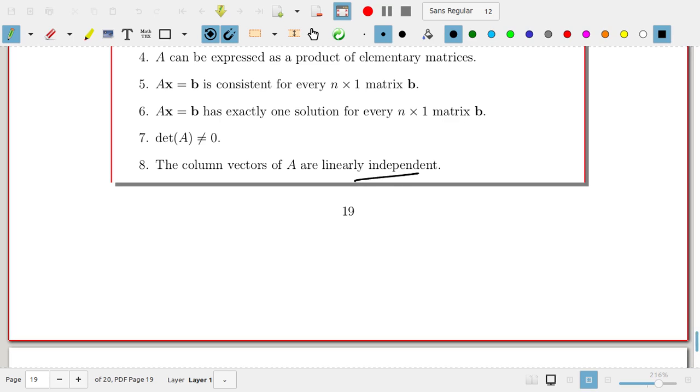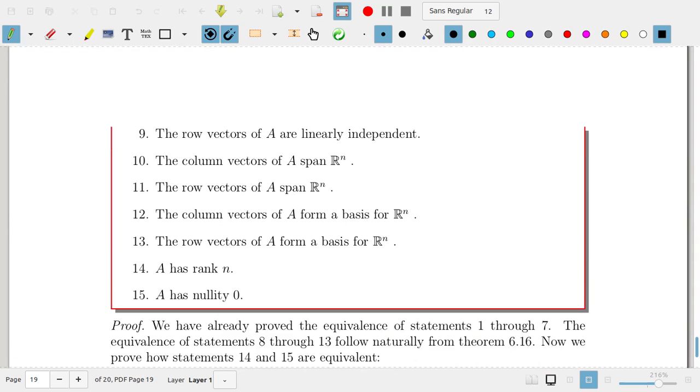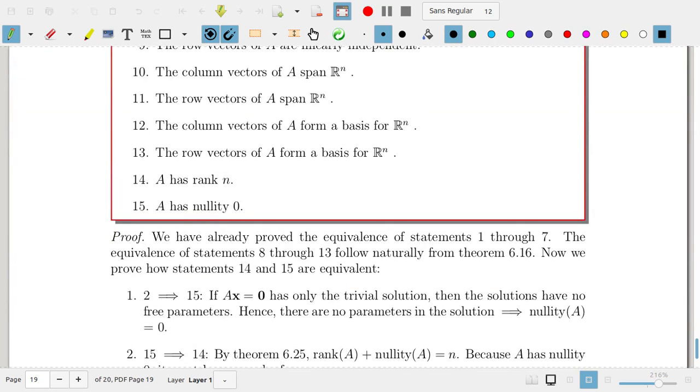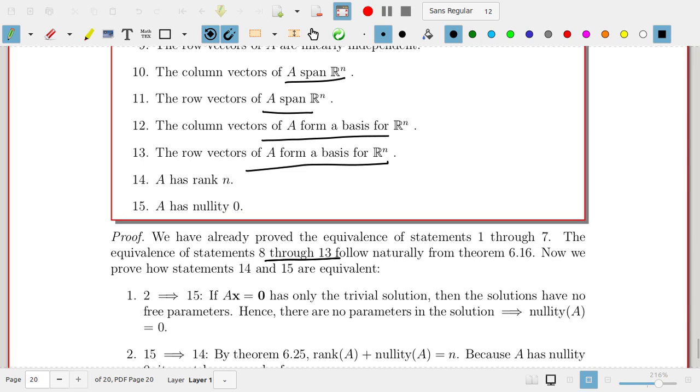The ninth statement is that the row vectors of A are linearly independent. 10th statement is the column vectors of A span Rn. 11th statement, the row vectors of A span Rn. 12th statement, the column vectors of A form a basis for Rn. 13th statement, the row vectors of A form a basis for Rn. Notice that all of these statements, 8 through 13, follow from theorem 616.